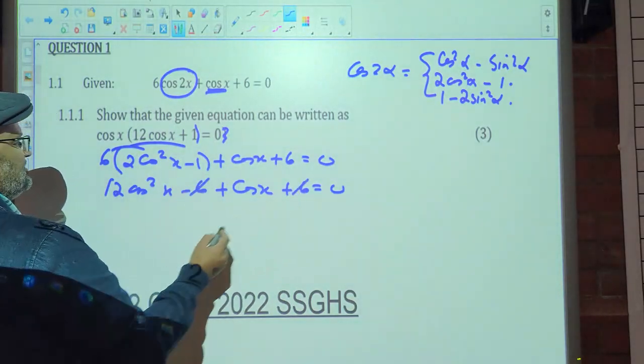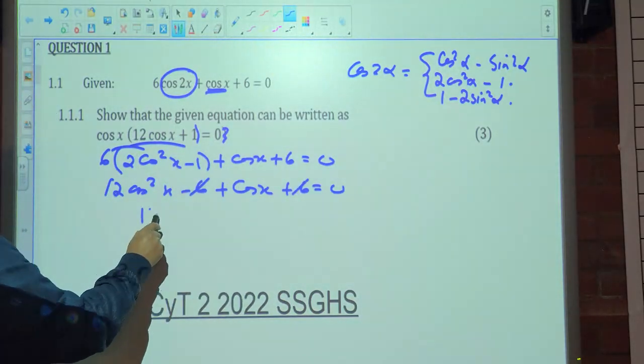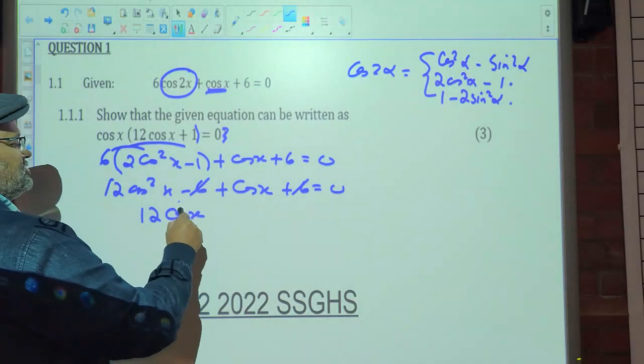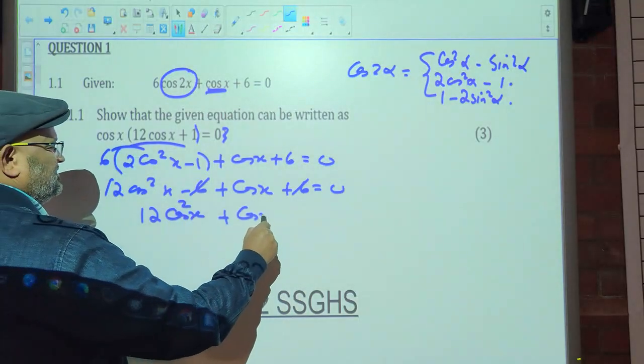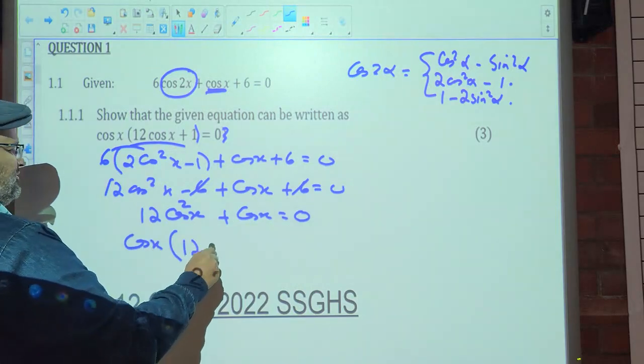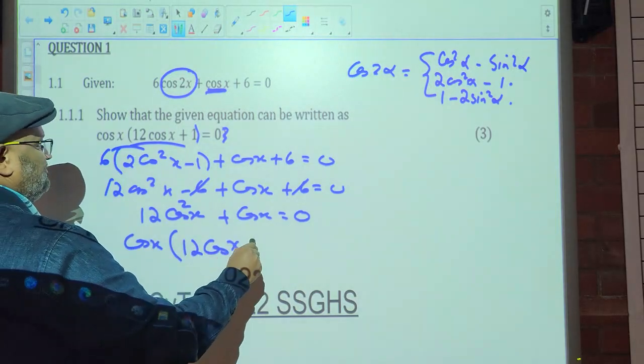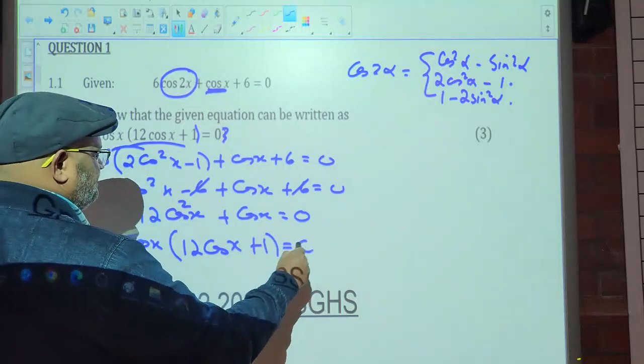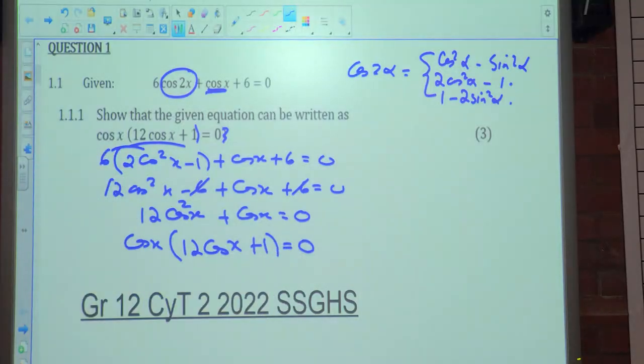Add like terms, that cancels. So you're left with 12 cos squared x plus cos x equals 0. We take out cos x as a common factor. I'm left with cos x times (12 cos x plus 1) equals 0. Okay?